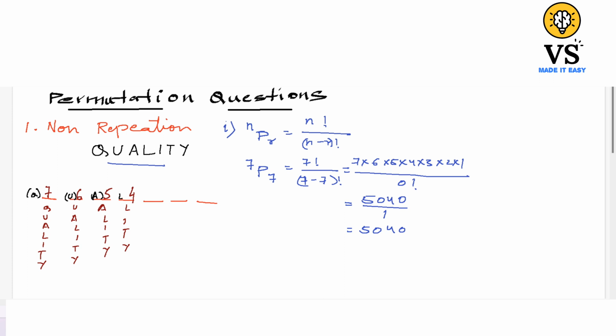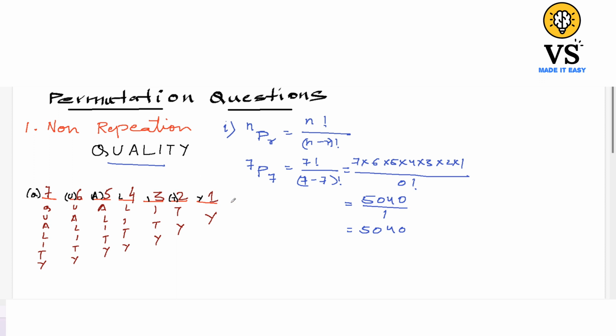L we have placed here. Now again I, T, Y, totally 3 letters. We have placed I here. Now T, Y, 2 letters can come. If we have placed T here, now only 1 letter can come. Which is that letter?